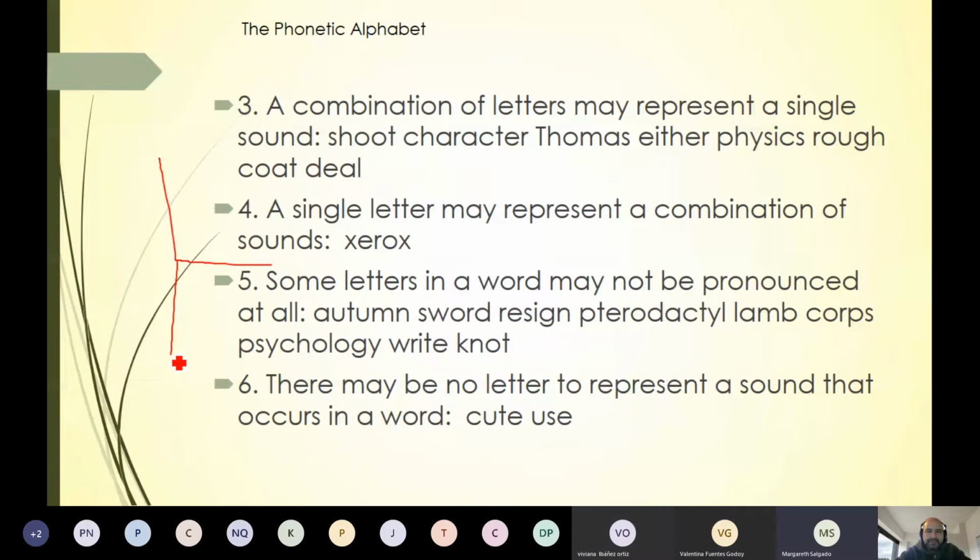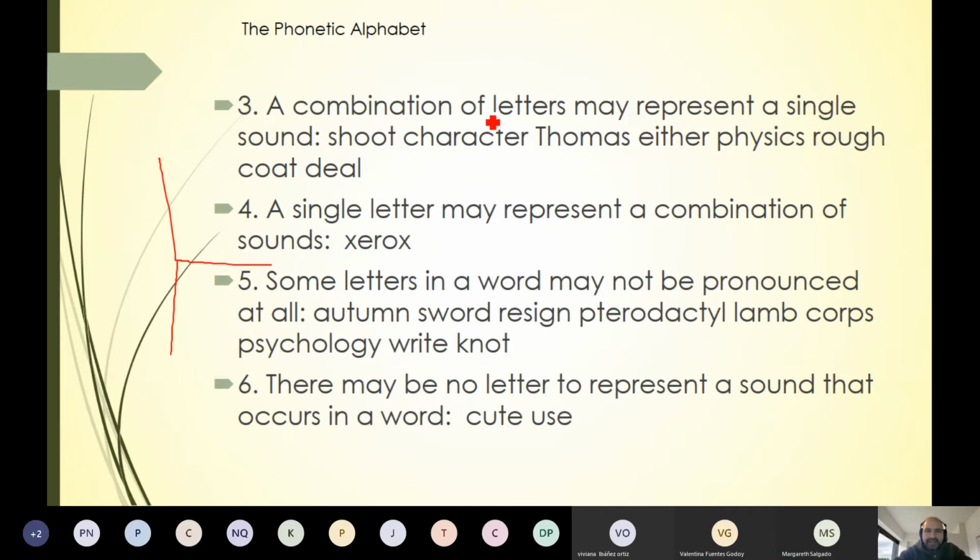Some letters in a word may not be pronounced at all: autumn, sword, resign. I don't know how to pronounce that word. Lamb, psychology. There may be no letter to represent a sound that occurs in a word: cute. All right, thanks so much.